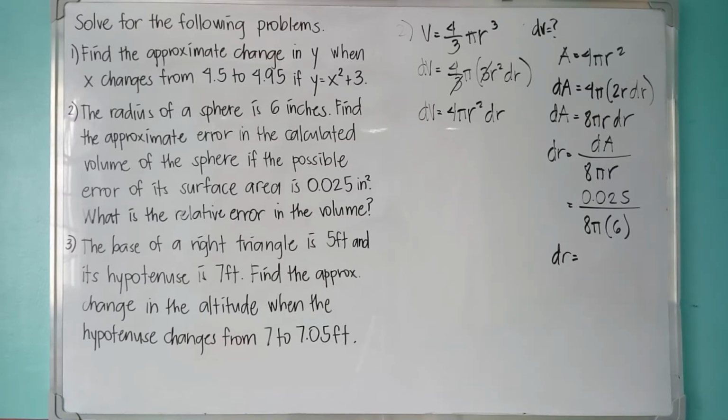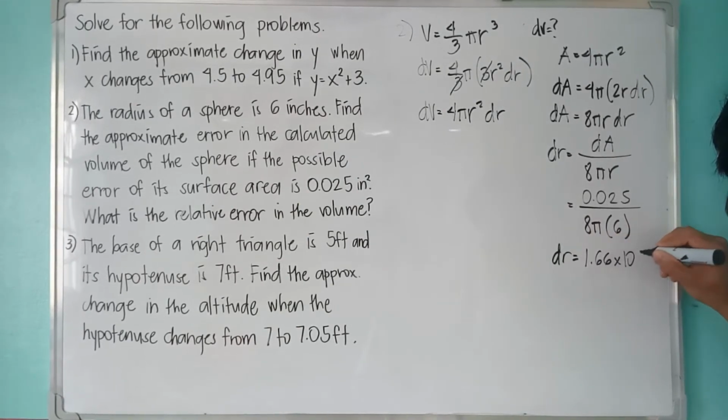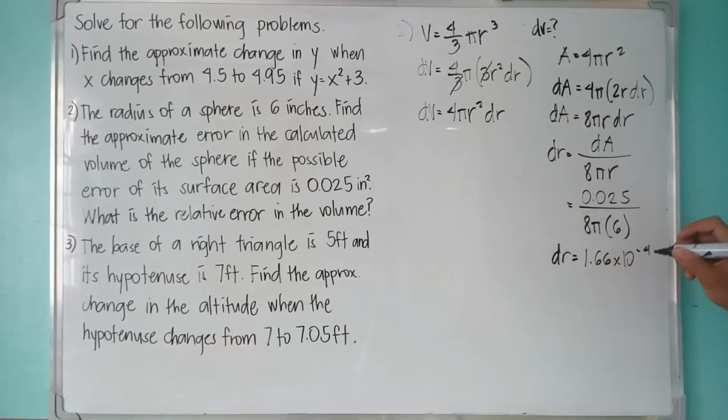So ang value ko is 1.65786 times 10 raised to negative 4. I-round ko na lang siya into 2 decimal places. So let's say 1.66 times 10 raised to negative 4. Ito ngayon yung value ko ng dr na isa-substitute ko dito.